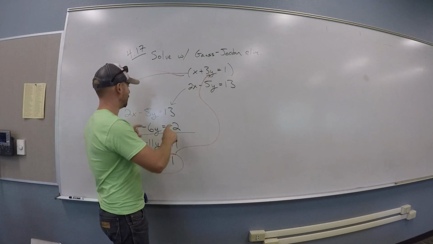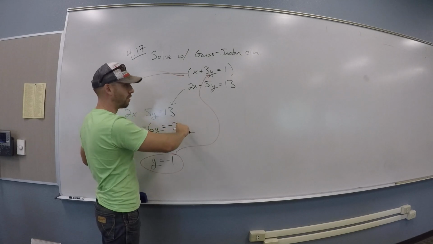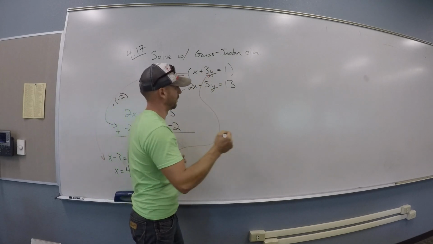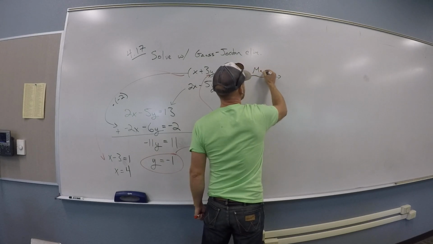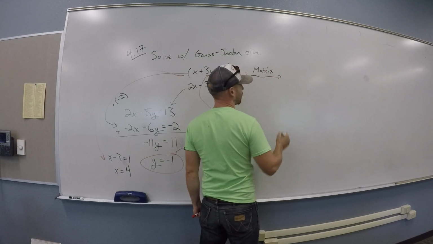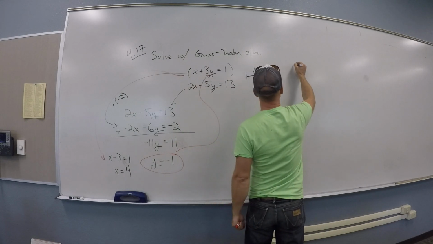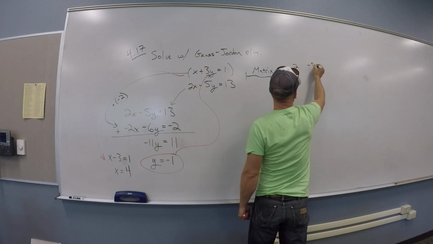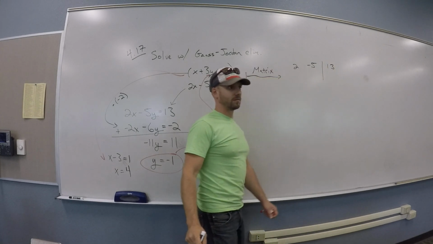So, because we were fiddling with this one, I'm going to use this one, where I flip the order. To convert to a matrix, I'm going to take that second equation, and I'm going to write it up here: 2, minus 5, 13.